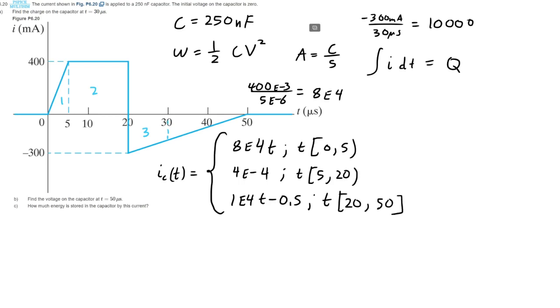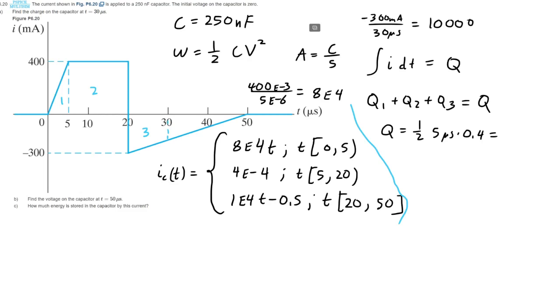Okay, so if we integrate over these three regions, then we can find the total charge. Q1 plus Q2 plus Q3 equals Q total. Let me go ahead and box this off real quick. Q1 is going to be 1/2 base times height, so 5 microseconds times 0.4.